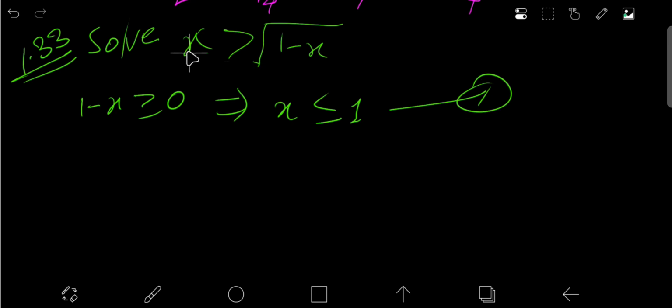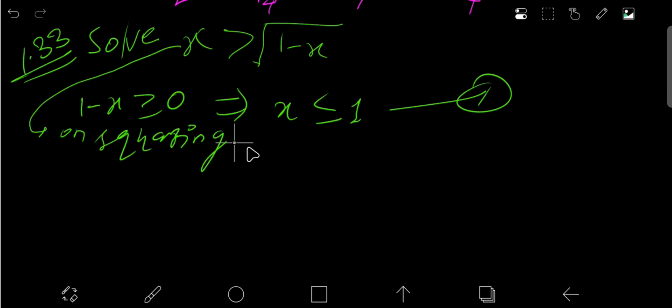And now we square both sides, so we get x square is greater than 1 minus x.